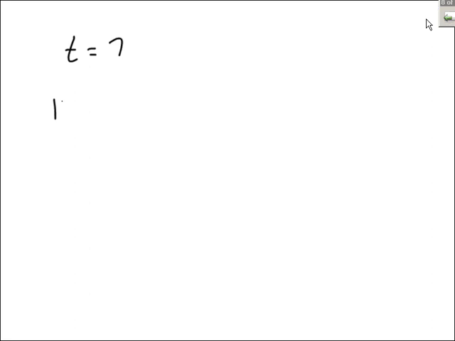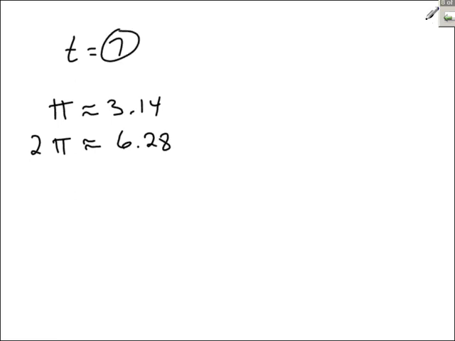Well, we know that pi is approximately 3.14, and 2 pi is approximately twice that, 6.28. Or we're more. Well, how much more? Do we go more than half a pi more? Well, based on this, half a pi is 1.57.